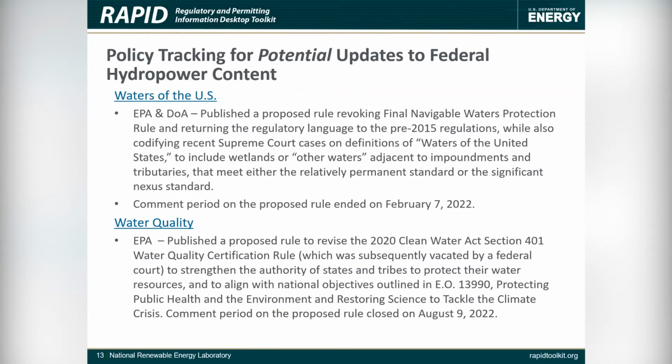So now we're moving into the policy tracking for potential updates to federal hydropower content. One of the main ones that we're following here is the Waters of the U.S. rule.